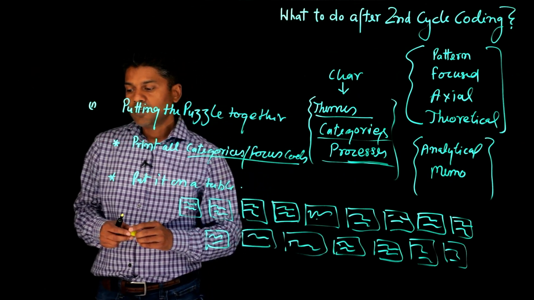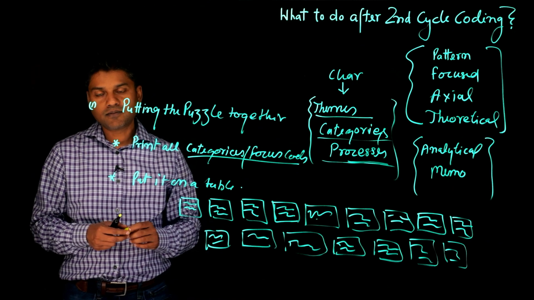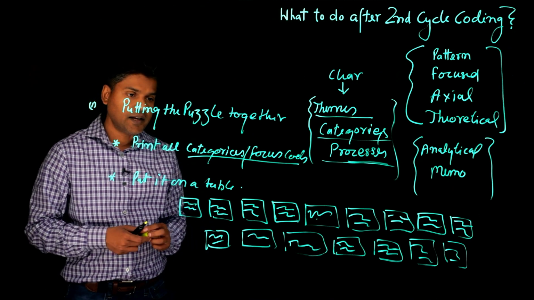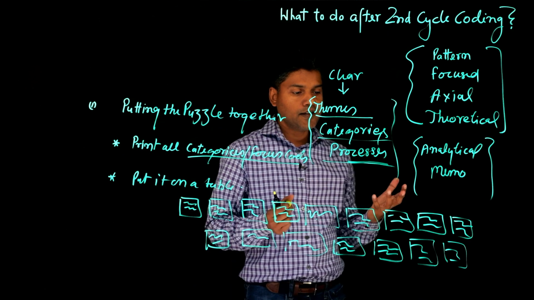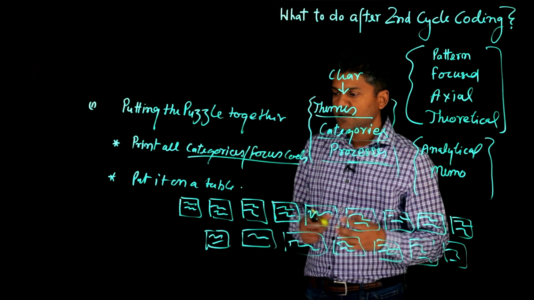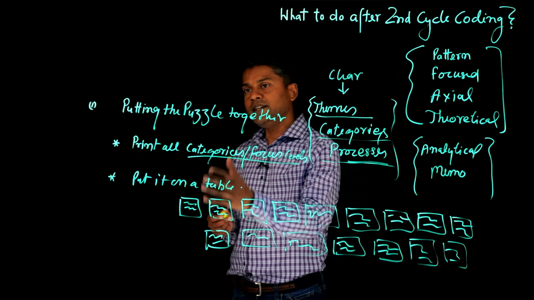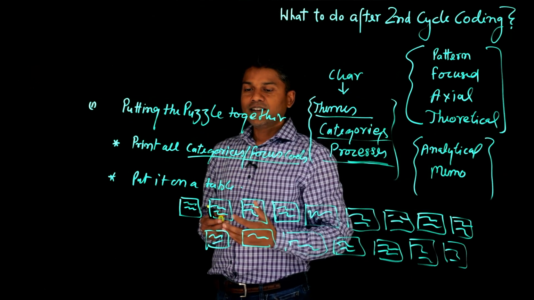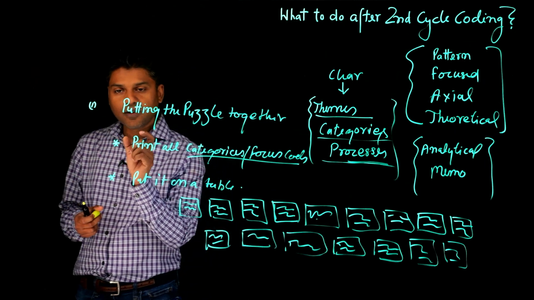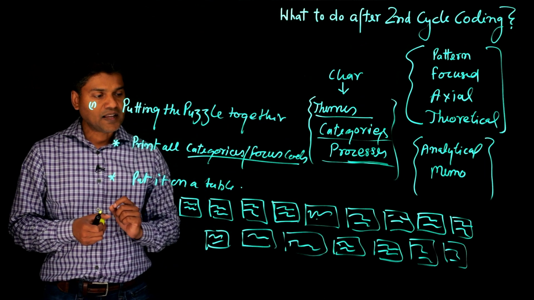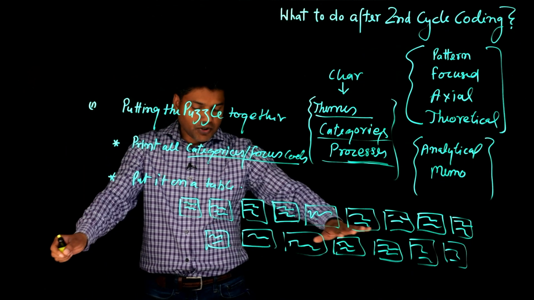I have, let's say, 30 codes, which include categories and focused codes. Now, I'm not sure how to organize them and if they tell me a story. So this whole idea of putting a puzzle together is to do this puzzle. So you print all your codes, one code on one slip, and then I put them all on the table.